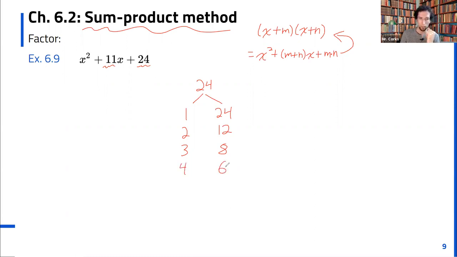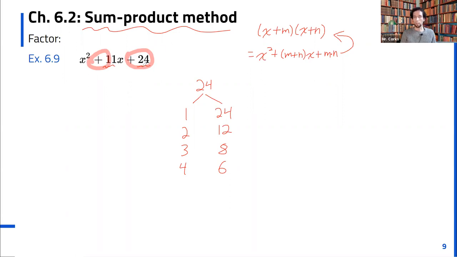Okay. So we notice that the 24 is positive. So the two numbers should have the same sign, either both positive or both negative. And we notice that the b term is also positive.